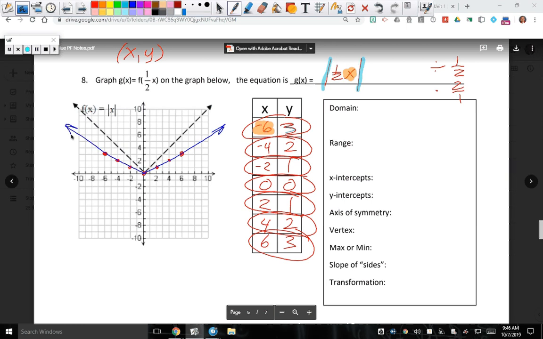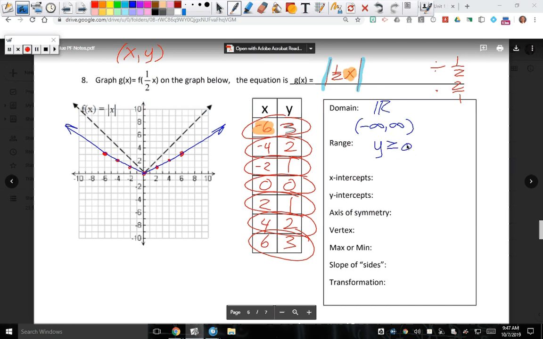All right, this is definitely different than what the easy shift that we did before was, right? Here we go. Anyone, what's the domain? All real numbers. And you could put interval notation if you want. Okay? What's the range? Y is greater than or equal to 0, right?